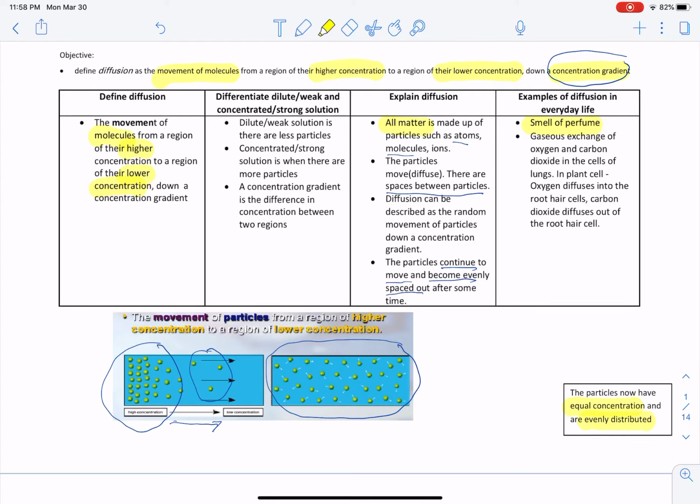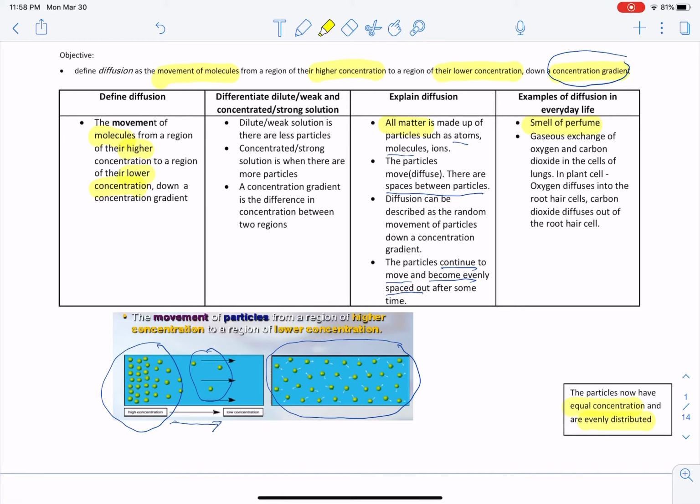Is it at the person who is holding the bottle of perfume, or at the people at the far end of the room? Of course, we say the person who is spraying the perfume is at the region of higher concentration. So the particles move from that person to the other end of the room.